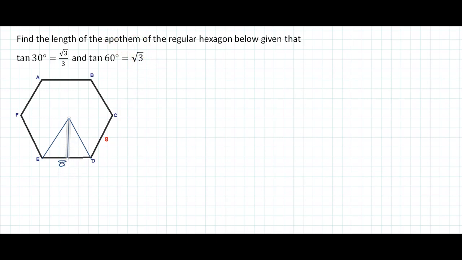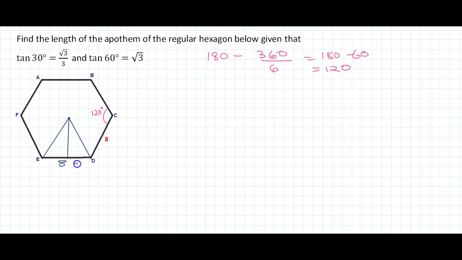What we're going to remember is that because we have a hexagon, each of these angles is 120 degrees. How do we find that? Well, you can simply do 180 minus 360 divided by the number of sides, which is 6, which is 180 minus 60, which is 120.